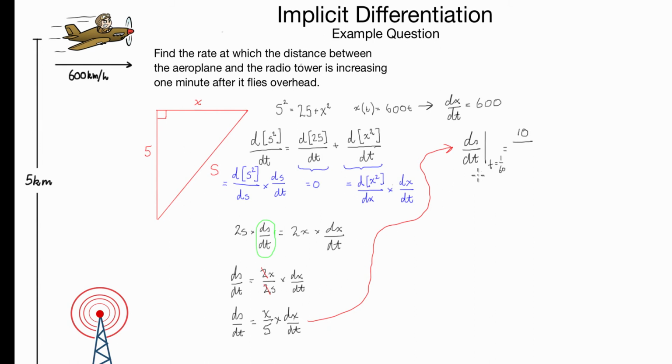And s is going to be the square root of 125. And then we're timesing that by dx dt, which we know is 600. And then that can be simplified. We know 125 simplifies to 5 square root 5, times 600.